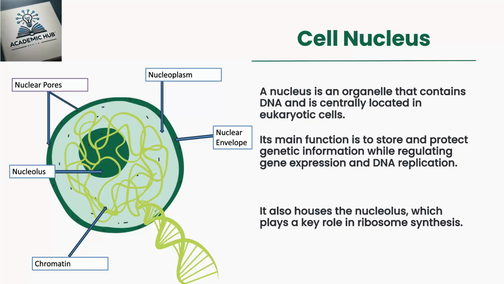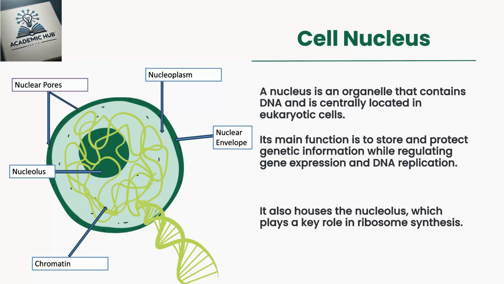Unlike prokaryotic cells, which lack a nucleus, eukaryotic cells have a membrane-bound nucleus that ensures genetic material is well organized and regulated. The nucleus is involved in gene expression, DNA replication, and ribosome synthesis, making it crucial for cell growth, function and reproduction.